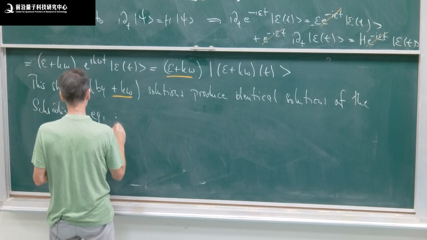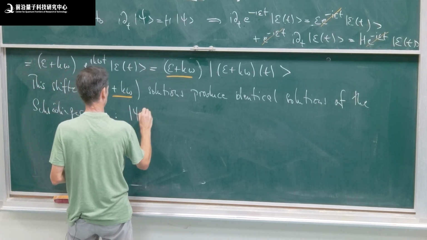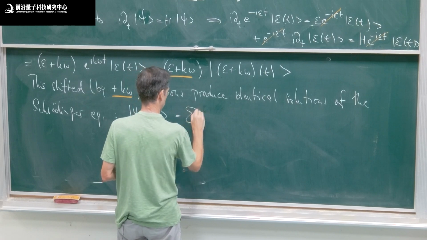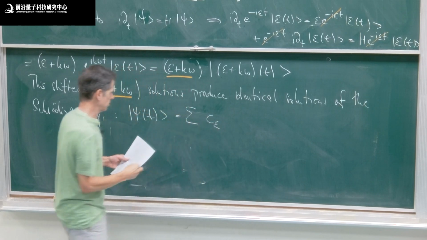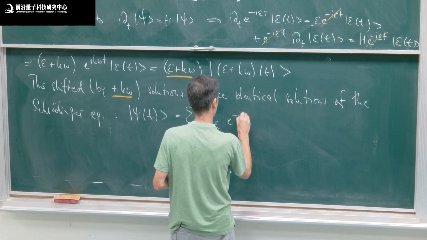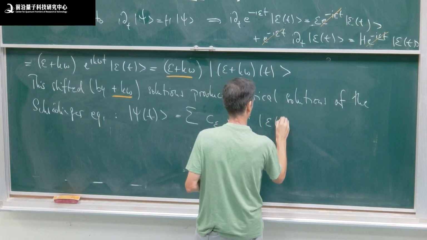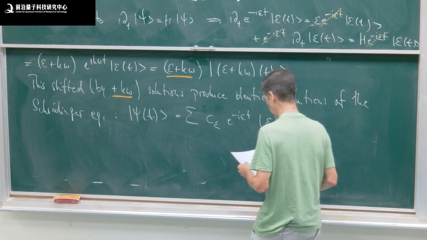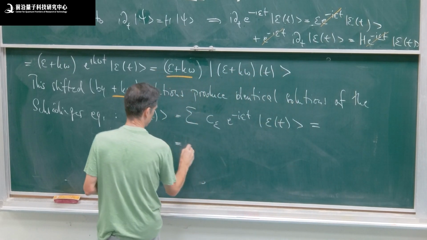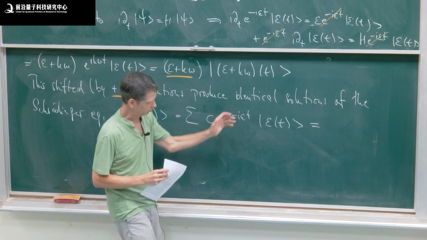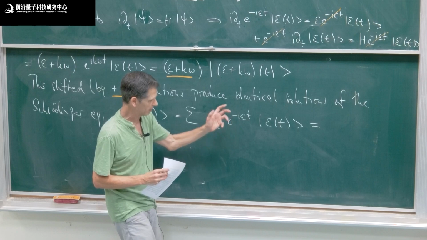And this you see by just writing that. So psi of t equals sum c epsilon, by the original statement, e to the minus i epsilon t, epsilon of t. And now you plug in an e to the minus i k omega t and compensate it by an e to the plus i k omega t.